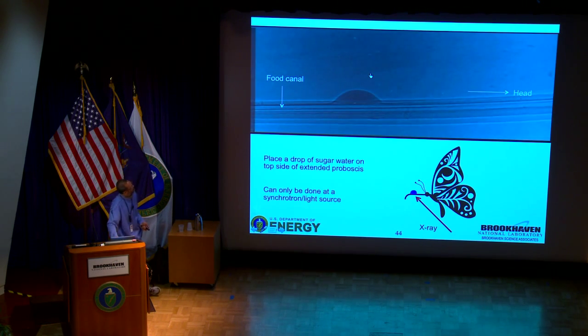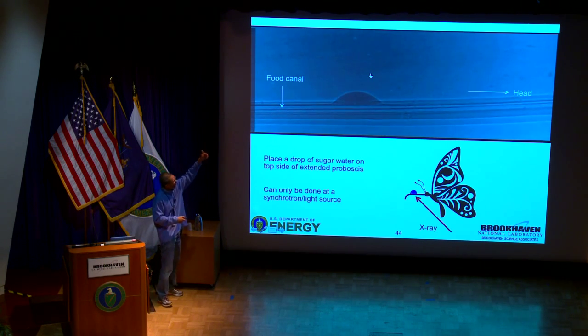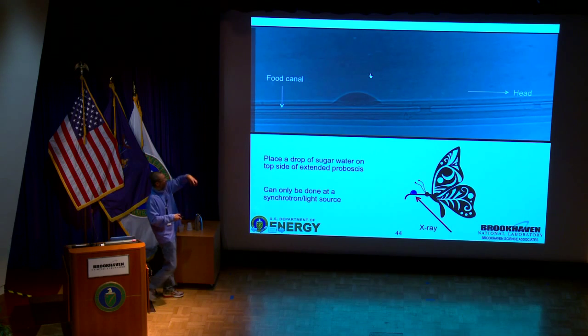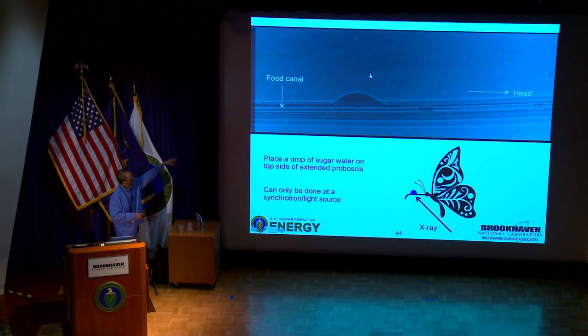And what do we see? What you're seeing is very clear: it can take the liquid not from the tip. Clearly it's not from the tip, right? It's just from the top surface of the proboscis.